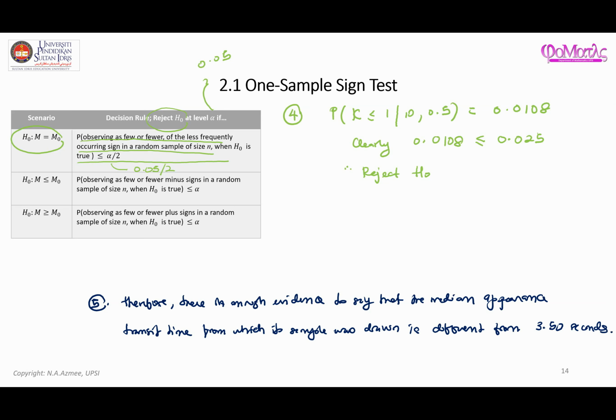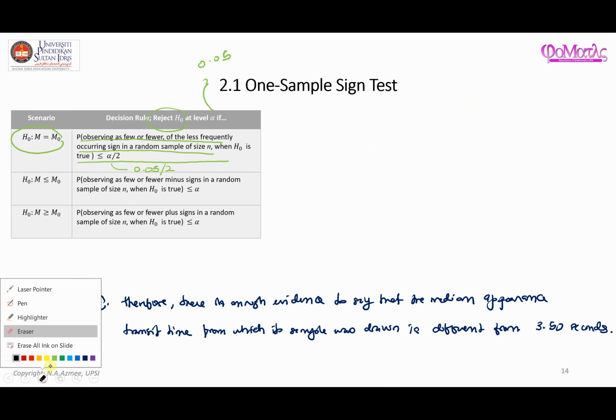Now there is an alternative approach to step 4 to deciding whether you should reject or do not reject the null hypothesis. Now let's consider some alternative approach. So in step 4, instead of using this rule, you can also consider the p-value approach or the traditional approach.